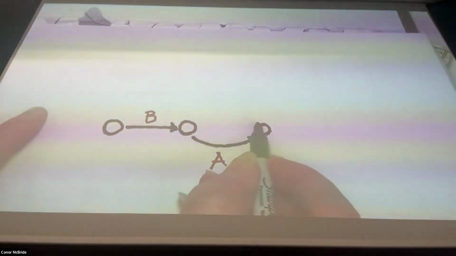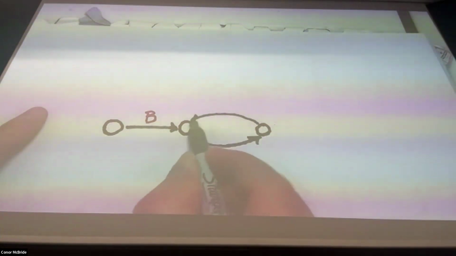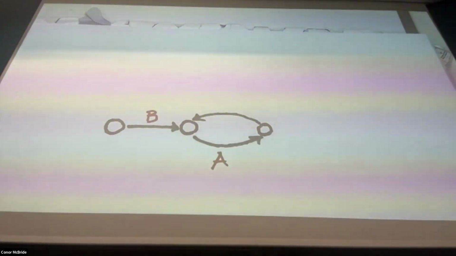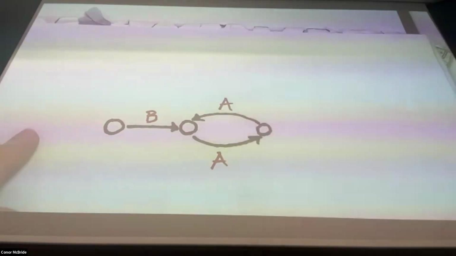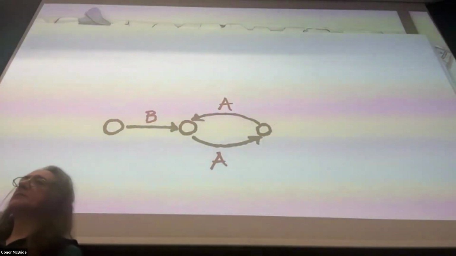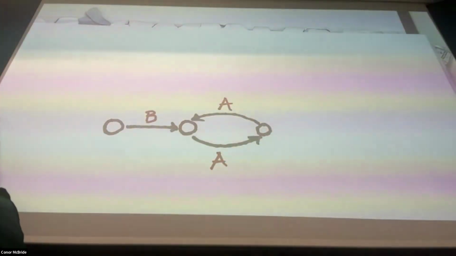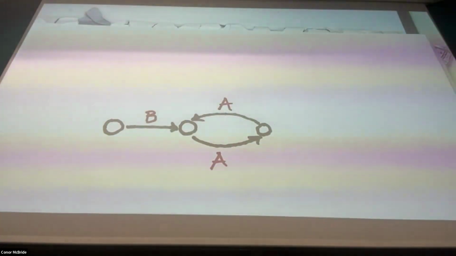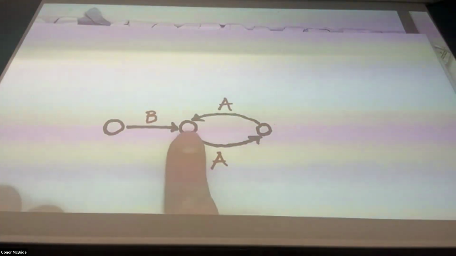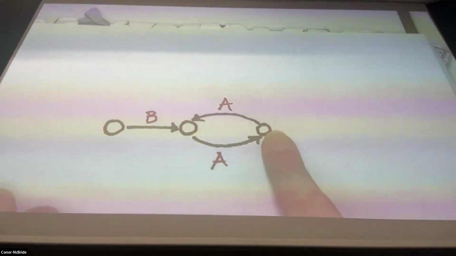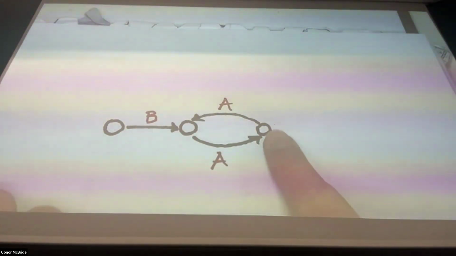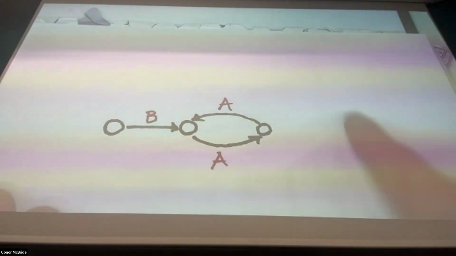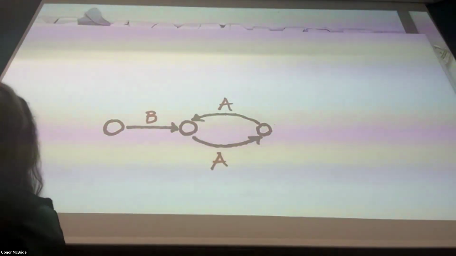I'll draw an arrow back there with an A. So we see if we're here and we get an A, we move to here. If we get then another A, we go back to here, and so on.